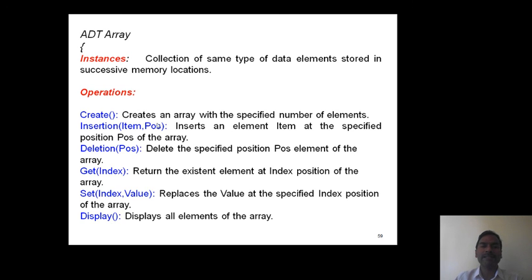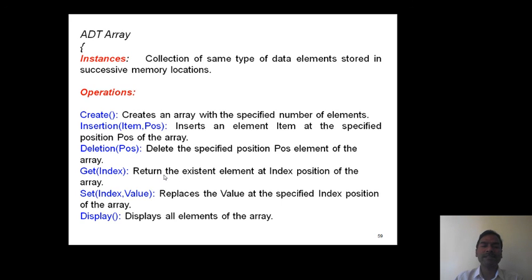Create operation is used to create an array with a specified number of elements. Insertion operation is used to insert a new element item at the specified position POS of the array. Deletion operation is designed to delete the element at the specified position POS of the array.